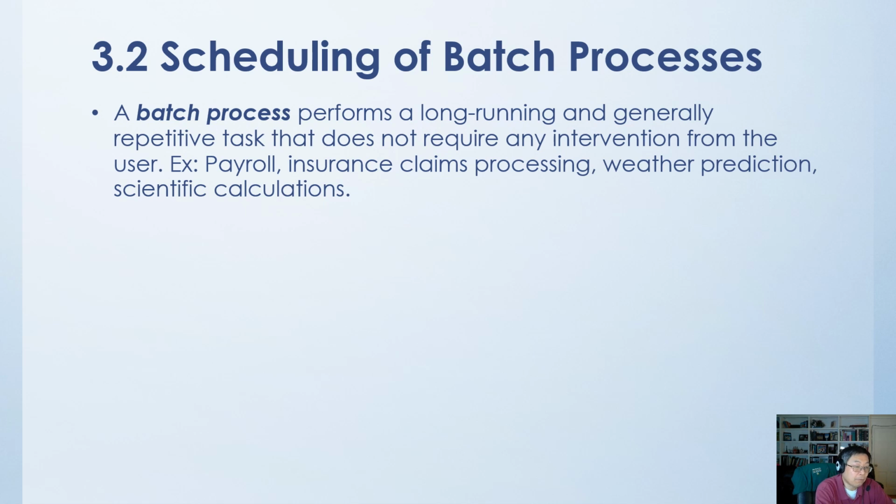Some processes, like weather prediction and scientific calculations, just need the input at the beginning, and they continue to run until they complete the job and generate the output. These are called batch processes.